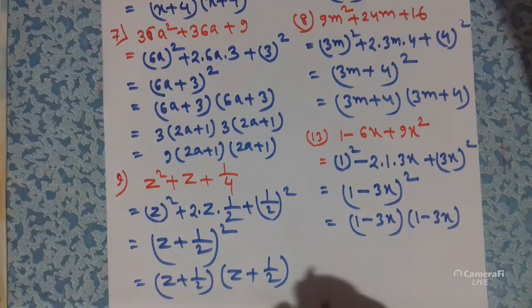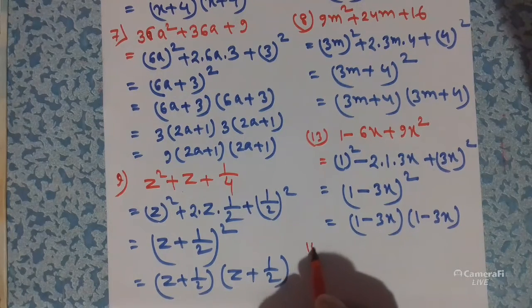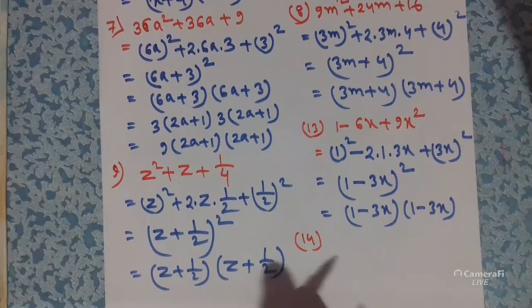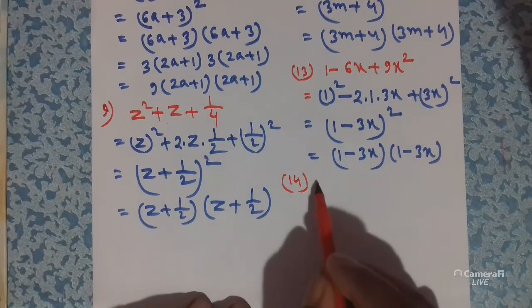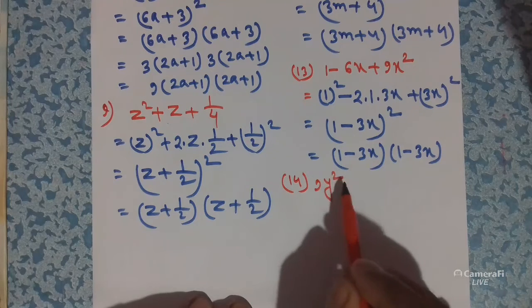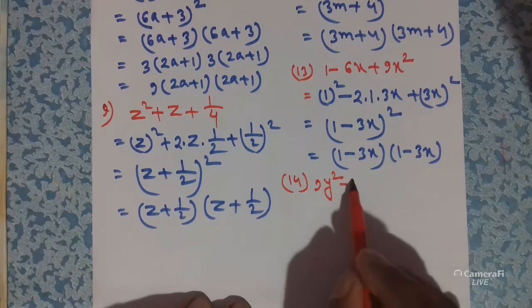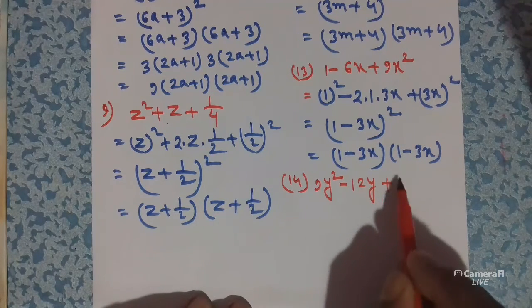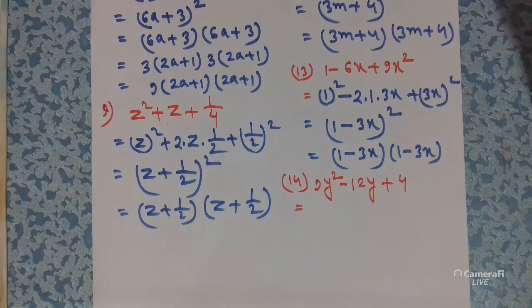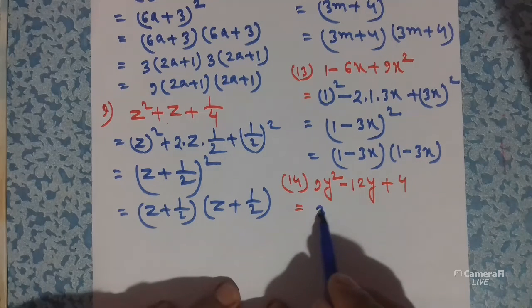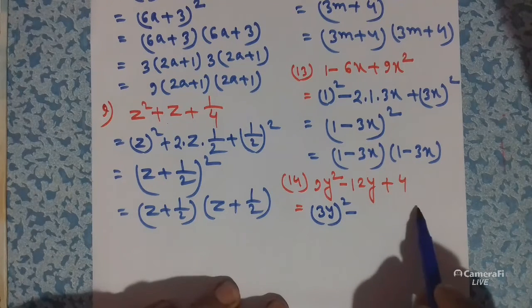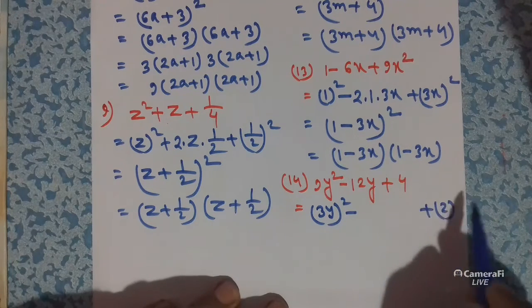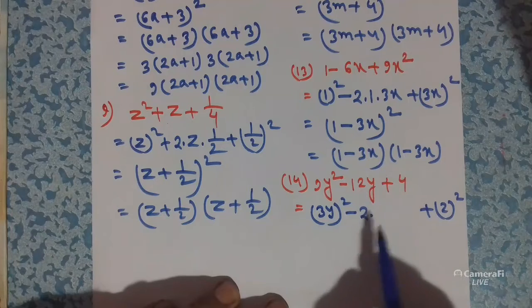Next, 9y square minus 12y plus 4. So 9y square can be written as 3y whole square, and 4 means 2 square, and in the middle 2ab will be there.